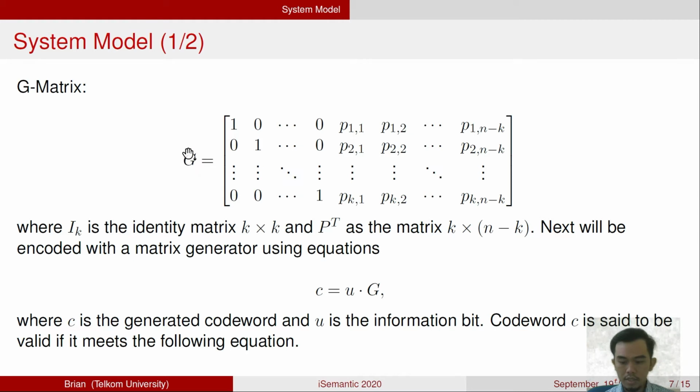So this is the G matrix, and then this is the P and this is the identity matrix. So this is the C or codeword, U is the real information, and G is the G matrix. So we can multiply the real data and the matrix, and we have the codewords that will be sent in VLC.